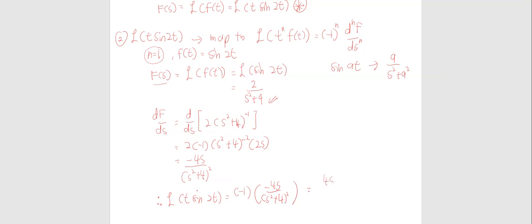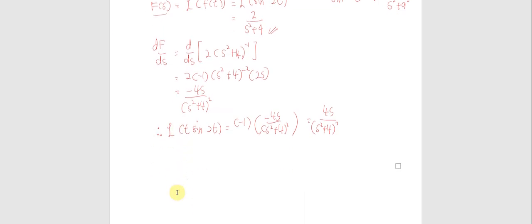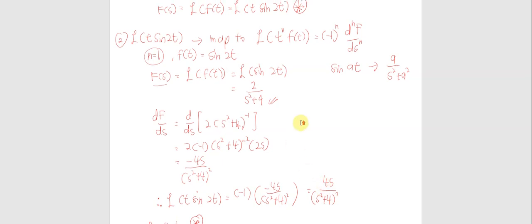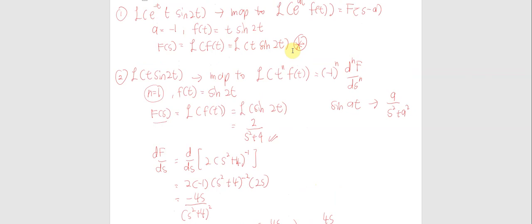So it is equal to 4s over (s² + 4)². Correct? So we go back to the star just now. Now we have the Laplace of t sin 2t equal to 4s over (s² + 4)². So we have this answer now.